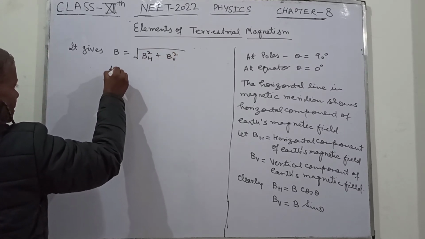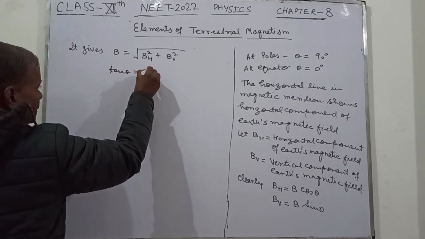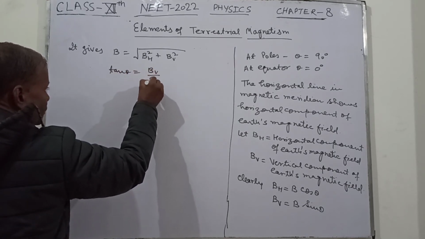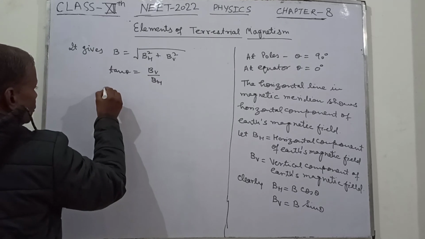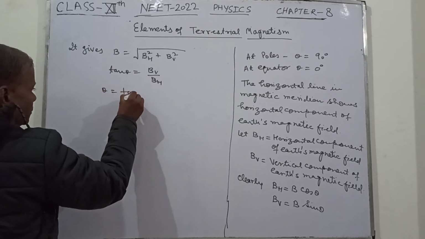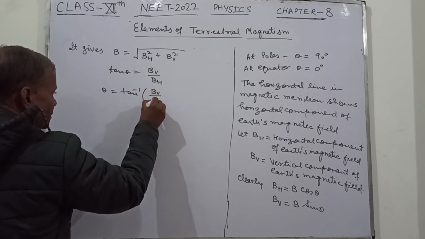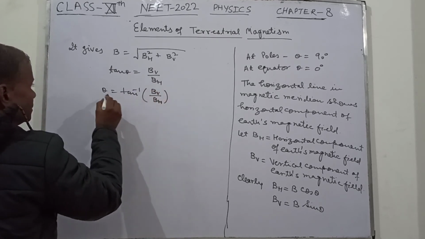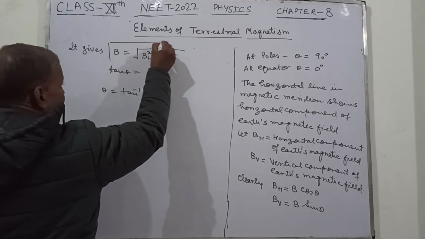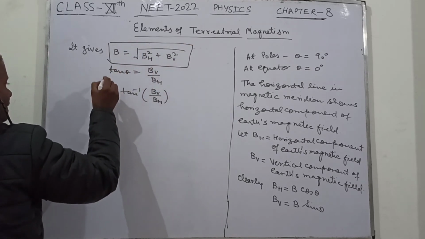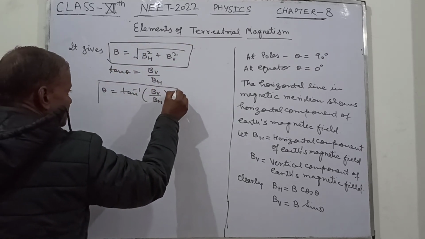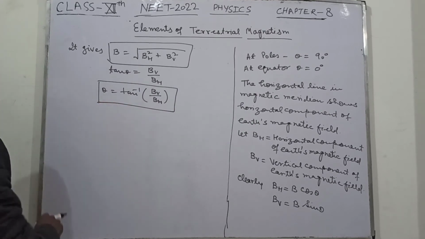And tan theta is equal to BV upon BH, or we can have theta equal to tan inverse BV upon BH. This is the total magnetic field and this is the angle of inclination.